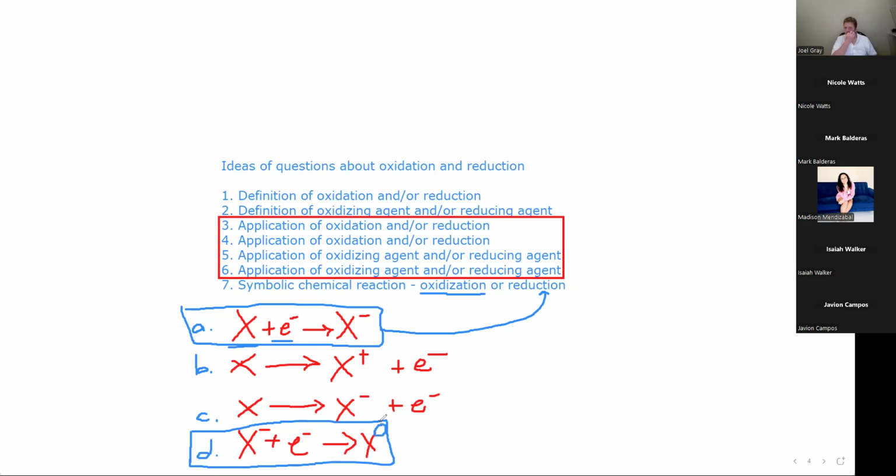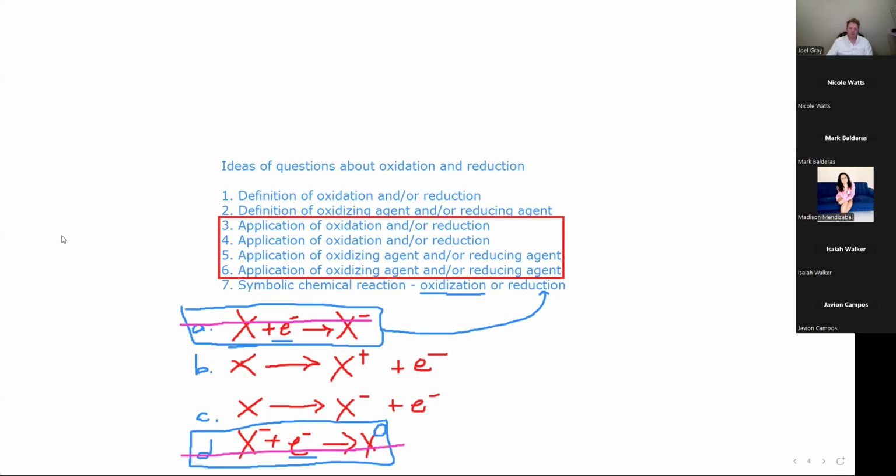Our overall charge is the problem, or is one of the problems. The other is that we have an electron being added to whatever species we have on the left-hand side of the reaction. So answer options A and D are out. Okay, crossed out.